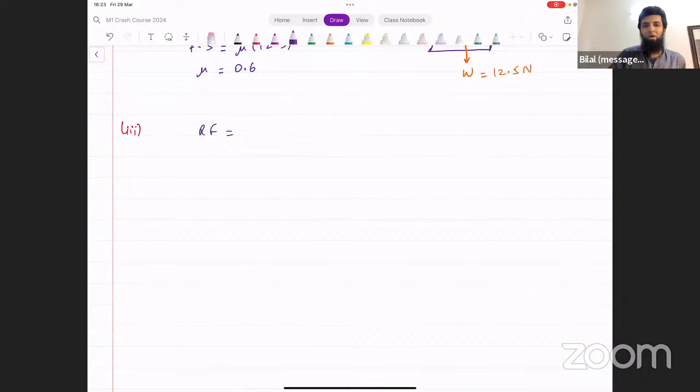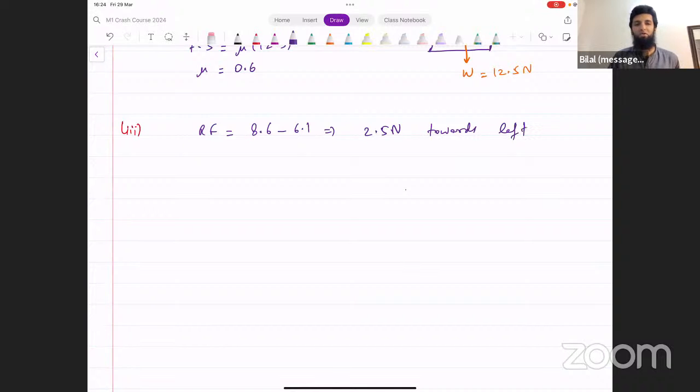You don't need to do any of those calculations again. It's just easy to understand from that directly that earlier all the forces were in equilibrium. Only thing that has changed is this. There's a 2.5 Newton force acting towards the left side, which is the resultant force. So resultant force is 2.5 Newton that is acting towards the left side here.